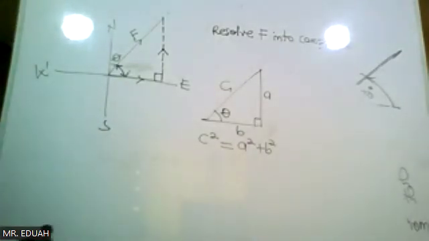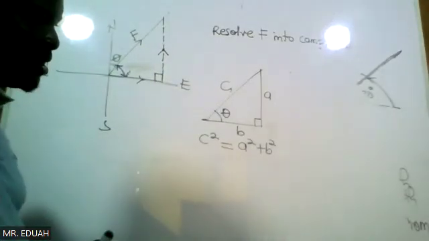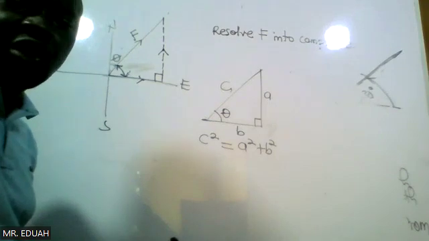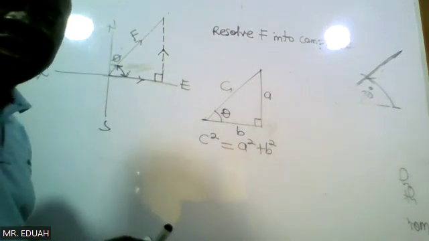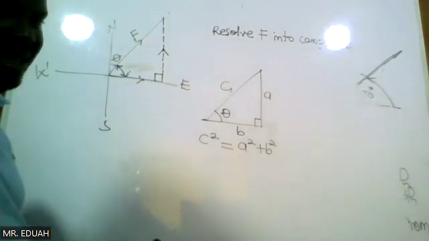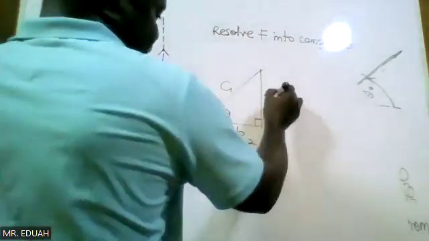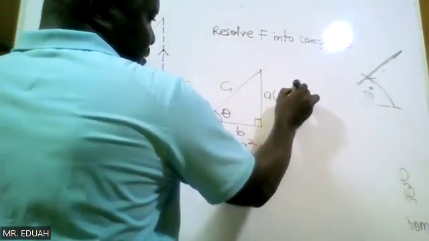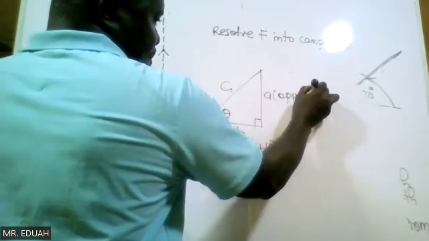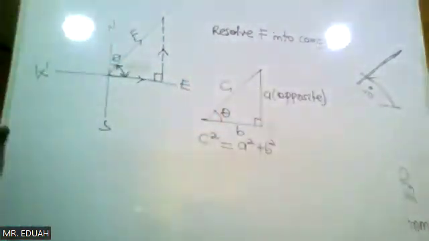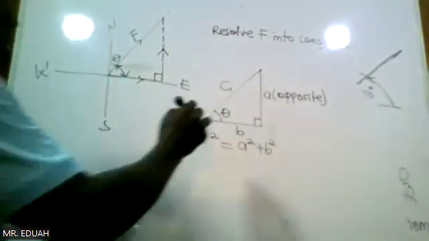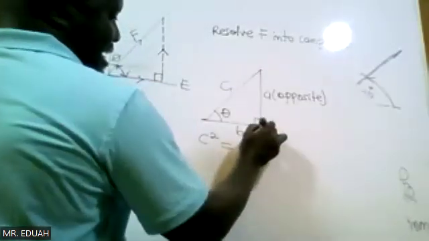We also have trig ratios. The trig ratios are a ratio of the three sides. A is known as the opposite side of the right angle triangle. B is known as the adjacent.